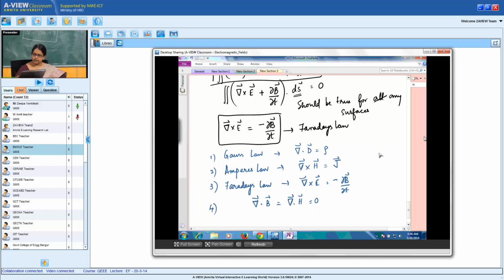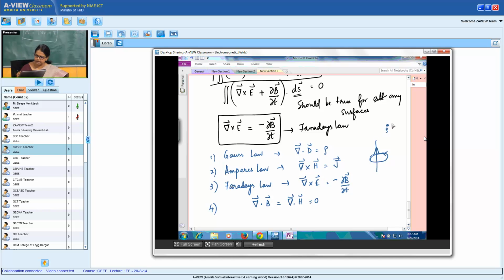Reason being, if I think about a current carrying conductor and the magnetic field which is circulating around it, what is the physical meaning of divergence? We discussed that.